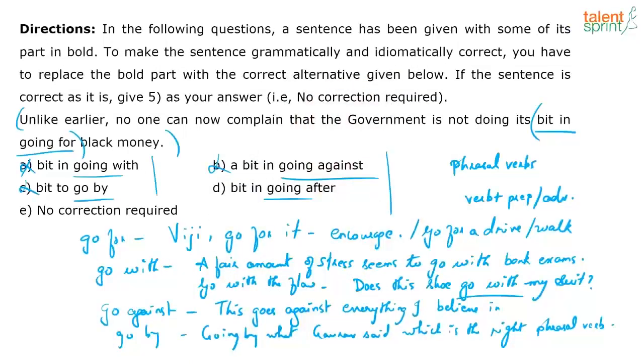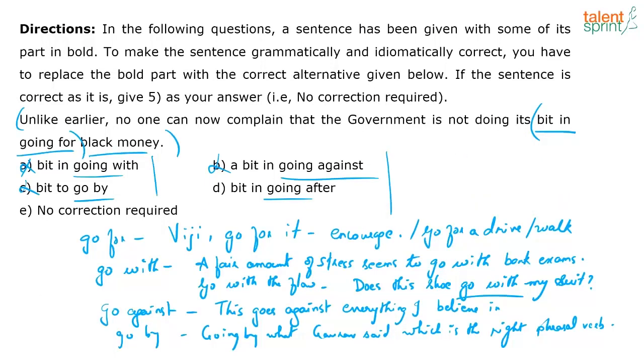So is the government doing something about it, right? So having said that, unlike earlier, no one can now complain the government is not doing its bit in going after black money. Going after means trying to do something about it, right? To stop, to arrest this particular issue, which is the black money. So to go after, I'm just going to put it here.